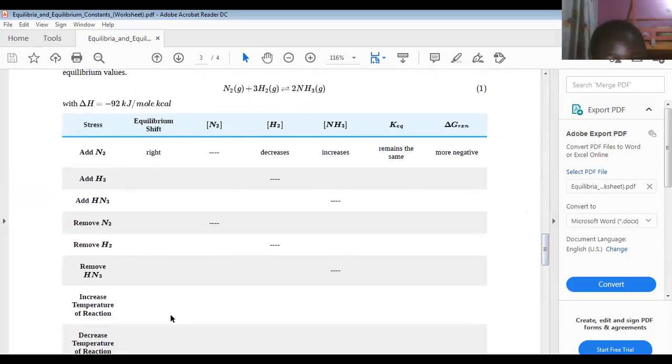Where we increase the temperature of the reaction, where would equilibrium shift to?